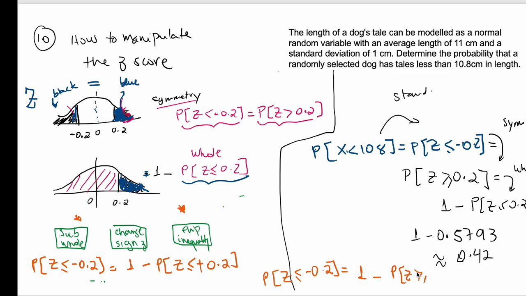So you do z greater than minus 0.2. Of course, this move won't help at all. First of all, because I don't have greater than, and also I don't have a negative number in the z-score. So there will be moves that won't help you.